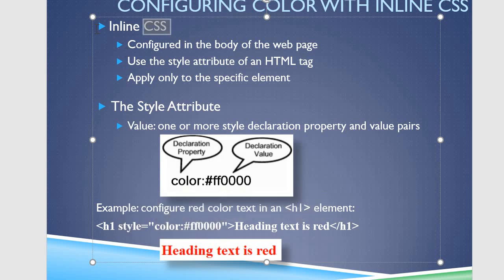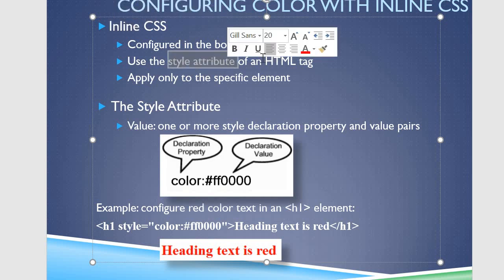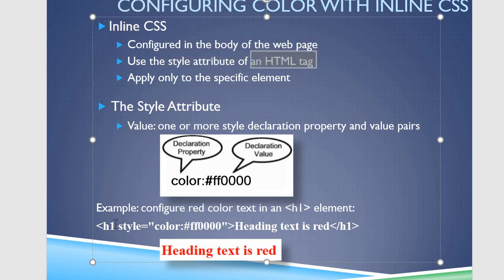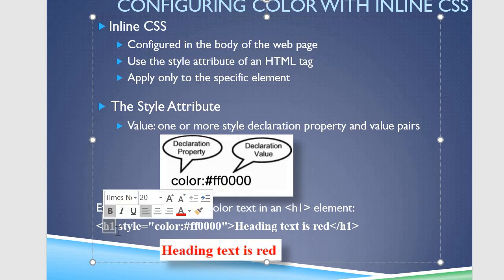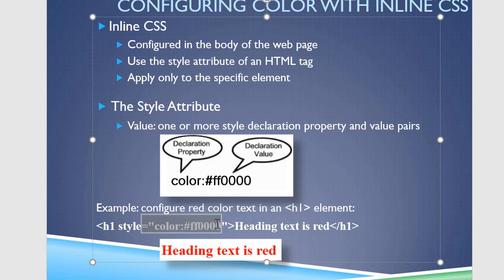This attribute is available inside the body of the web page. For configuring inline styles, we use the style attribute of an HTML tag. For the H1 tag, the attribute is style and the property is color.